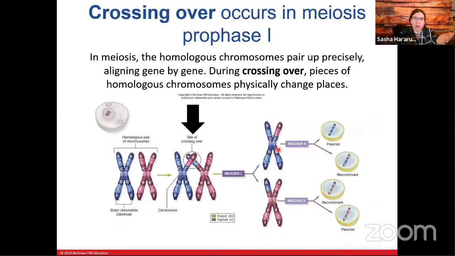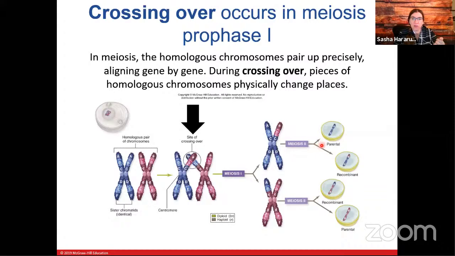Note the change of color in the X chromosome here, right? Most of the chromosome originally inherited from the father conserves the genes that were inherited from the father, but it also has some alleles of the genes that were inherited from the mother. And the chromosome that was originally inherited from the mother now contains alleles of the genes that were inherited from the father.